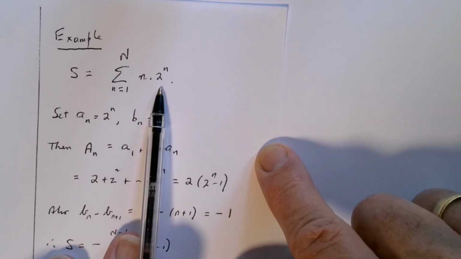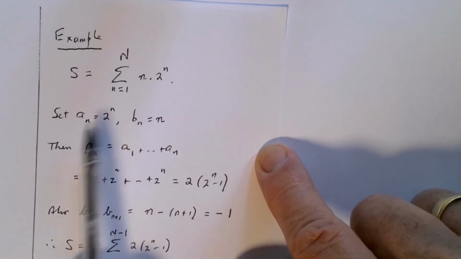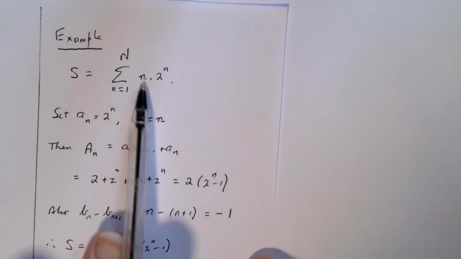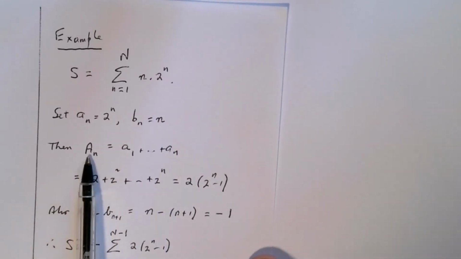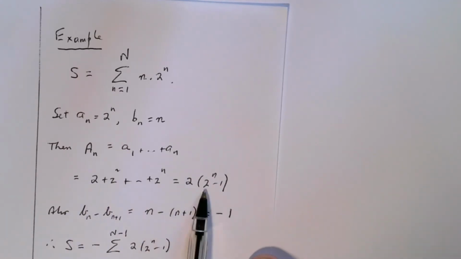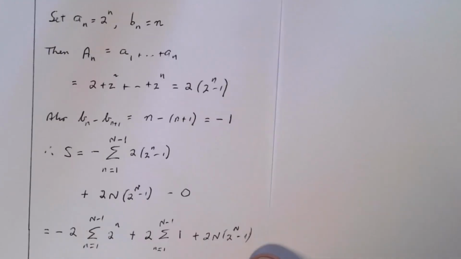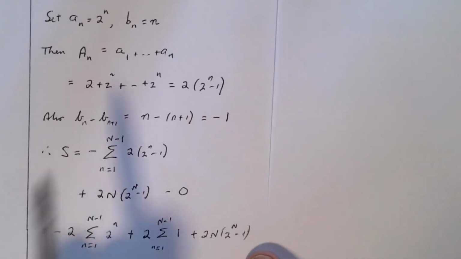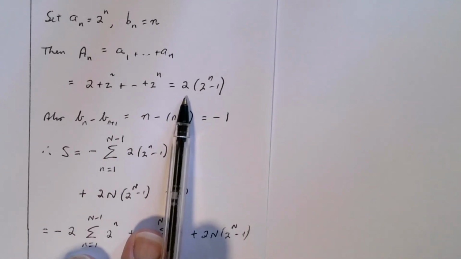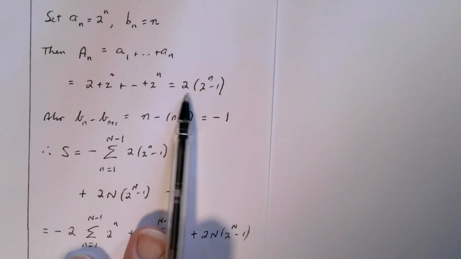So I'm going to choose a_n to be 2 to the n and my b_n to be the n there. So capital A is the partial sums of the little a's, so I write that down, and that of course gives you a geometric series which I can sum easily. I'll leave you to check. That's what you get when you take the sum of this. You get 2 times 2 to the n minus 1.